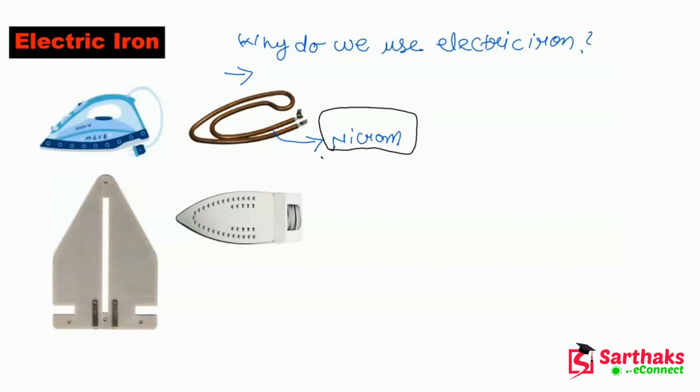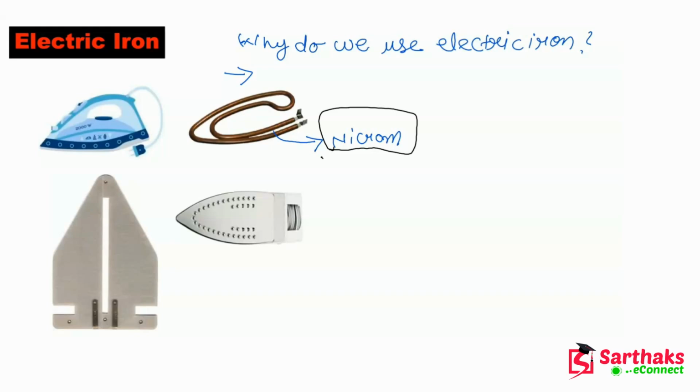Because it has high resistivity. Because it has high resistivity, when I pass current through this wire, it will generate more heat. And because it generates more heat, my clothes will be ironed perfectly.